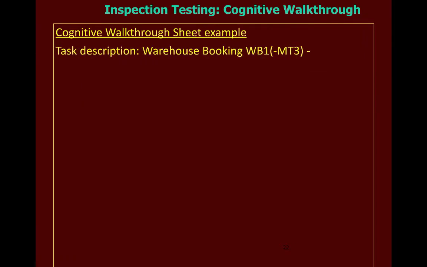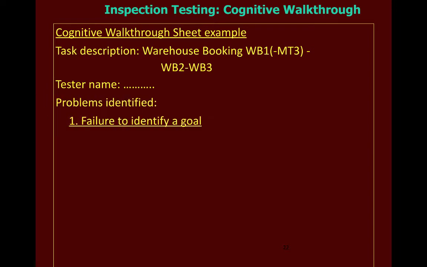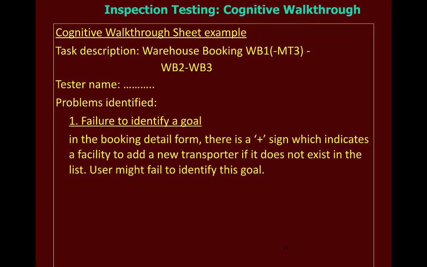So you might create a form where you record your reflections on the design. So the name of the tester, and you see whether you can identify issues. You walk through your design to determine whether there are certain things that users may have difficulty with. For instance, a plus sign may be overlooked.